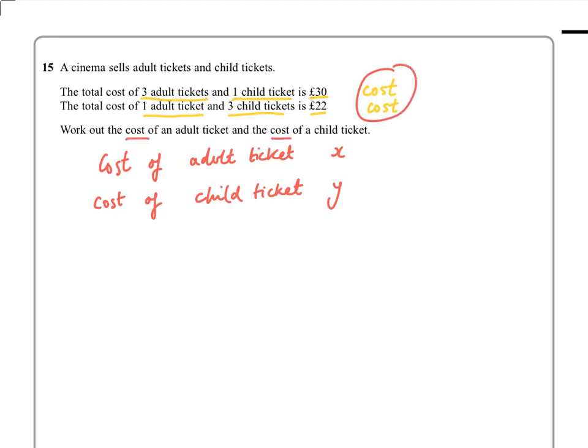So in the first situation, we've got 3x plus y is 30 as a total cost. And in the second scenario here, we've got 1x plus 3y is 22. So what we need to do is just solve these simultaneously.